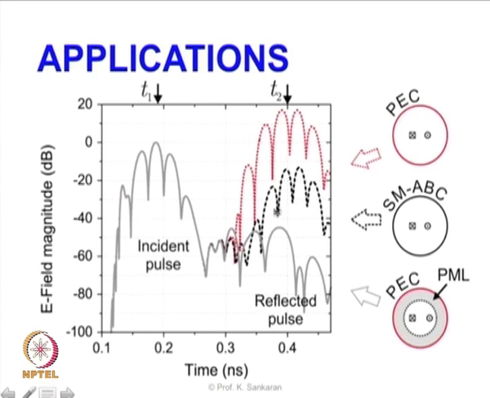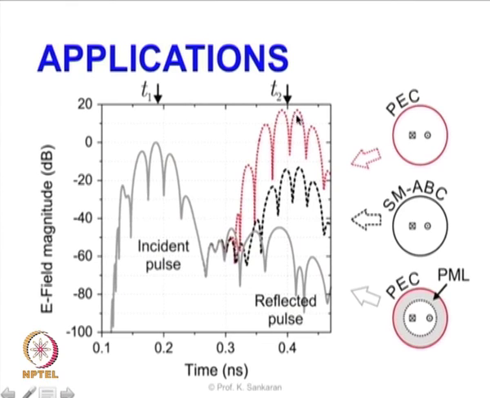In the case of the Silver-Müller boundary condition this reflection is low because some amount of wave is getting absorbed, but still not good enough. In the case of the uniaxial spherical PML we see that the reflected pulse is even lower. So these are the 3 cases.